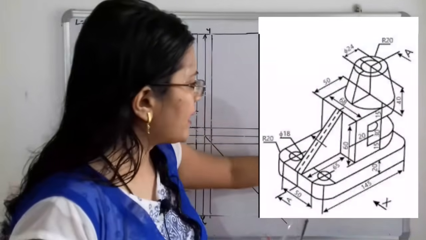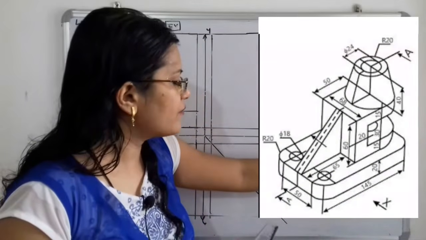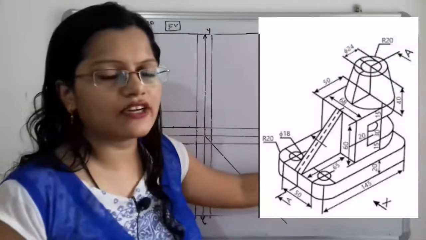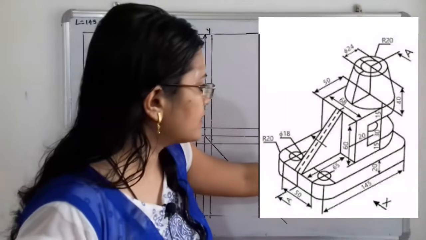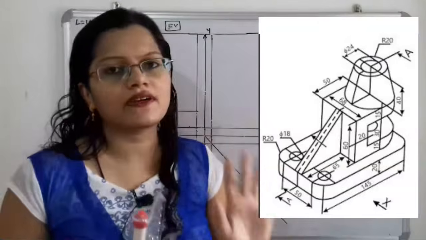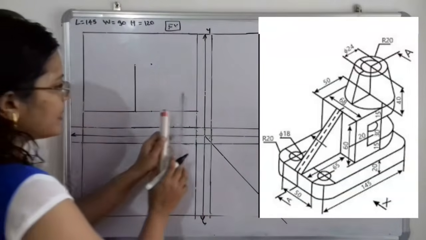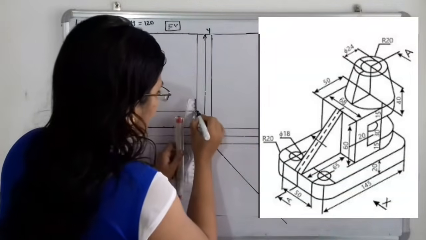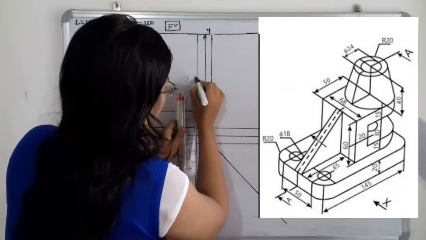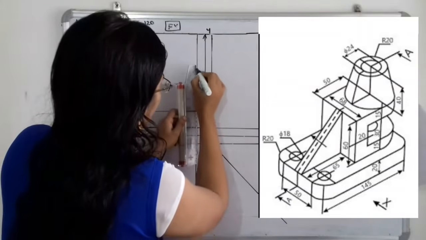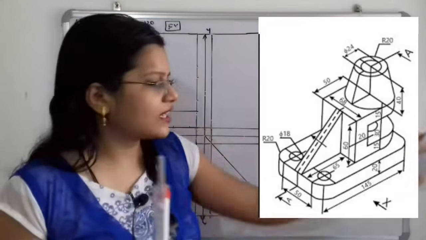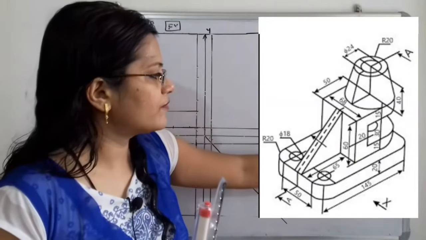Now again there is vertical construction. If we observe the height towards the right hand side of the front view, there is 15 millimeter construction, 30 millimeter gap, 15 millimeter construction. So we have to select the points: 15 millimeter construction, then 30 millimeter gap, and then again 15 millimeter construction. Now we have to draw the line as it is seen from the front view.